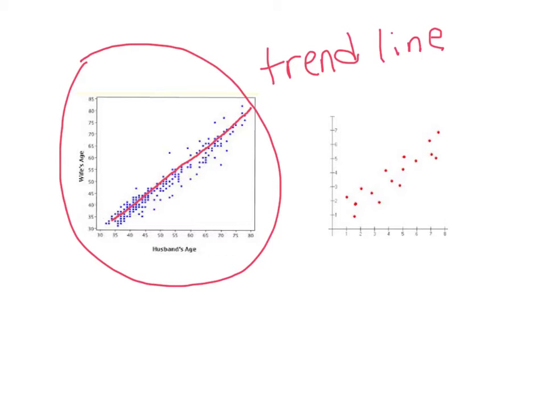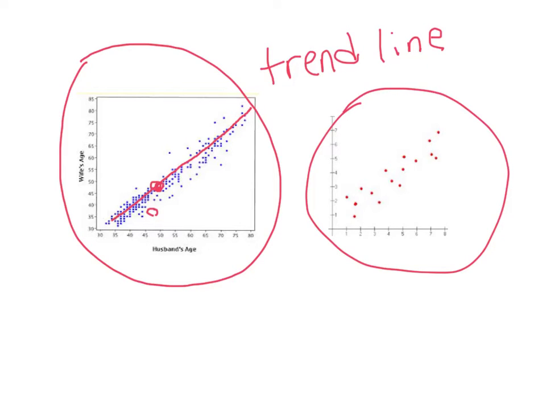If I was to pick the data for a husband age 50, right in here, usually their wife is pretty close to the same age, maybe a few years younger or something. We have a couple of them that are lower than average, but most of the time we're going to have a pretty consistent result for this data.